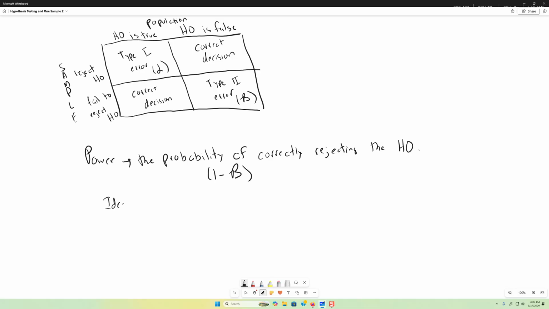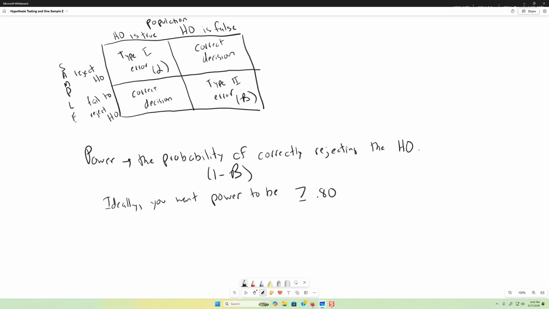Ideally, you want power to be greater than or equal to 0.80. That means you want at least 80%. You want at least an 80% probability of correctly rejecting the null hypothesis.